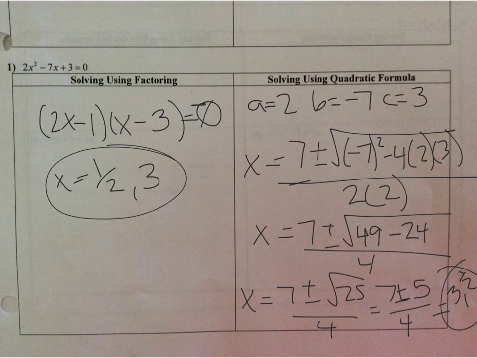Okay, so last thing we need to look at, we're actually going to look at 2 different things, is quadratics that do not have perfect squares. If you flip back 1 page, it says solving quadratics that do not have perfect square roots.